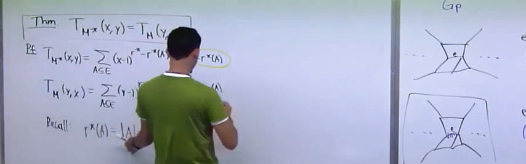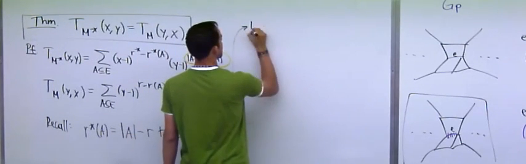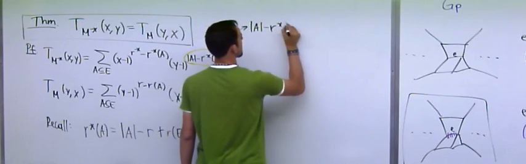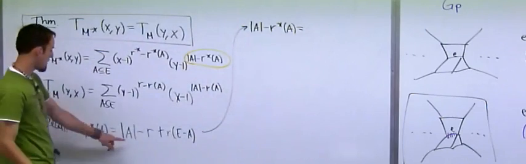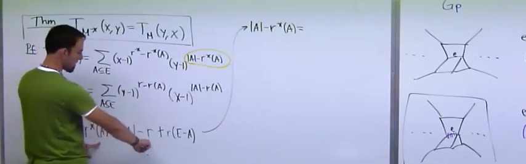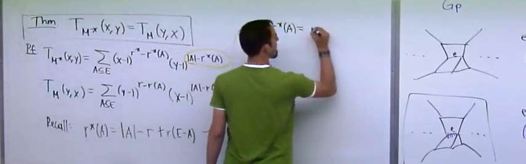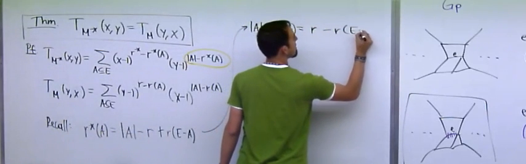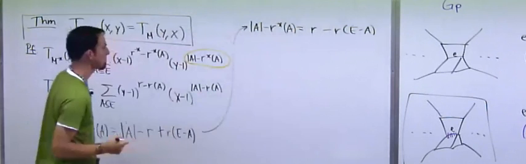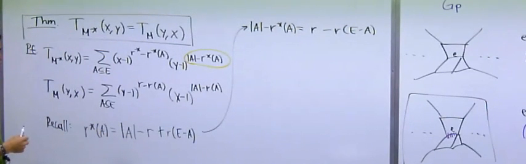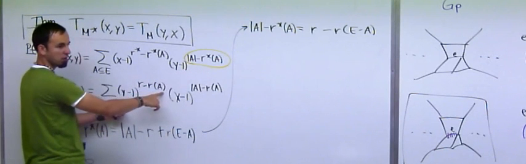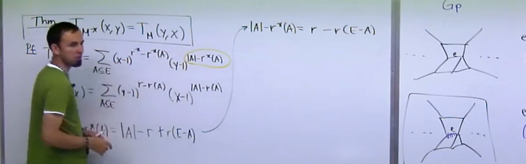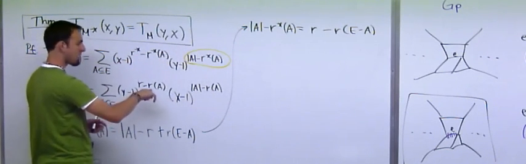This tells me, I haven't said this word, but co-rank is rank in the dual. Size of A minus co-rank of A, this formula tells me that it's R minus rank of E minus A. So you might be a little bit confused now because we were hoping to get R minus rank of A. We got R minus rank of E minus A. But still, it's R minus the rank of something.